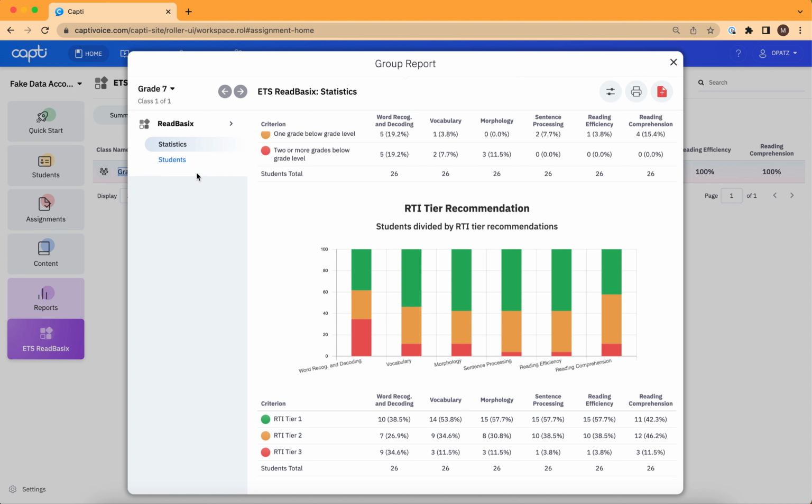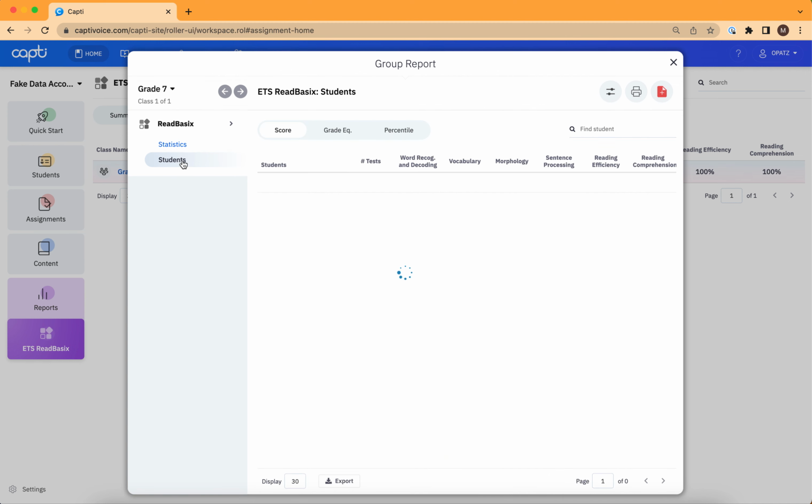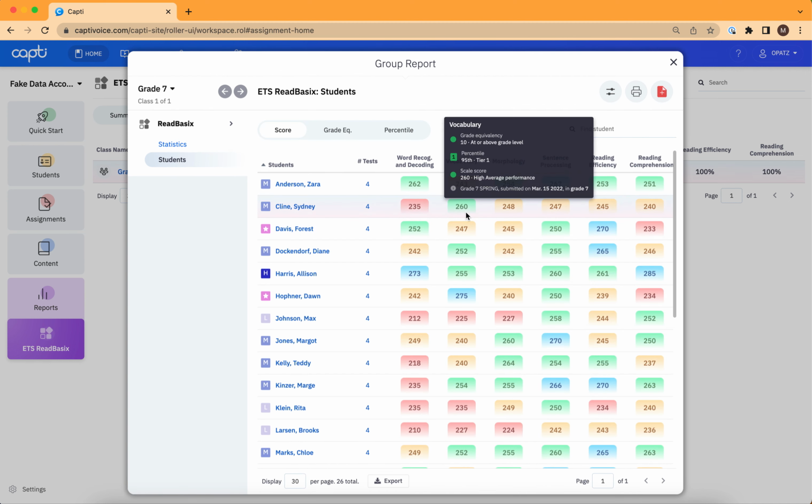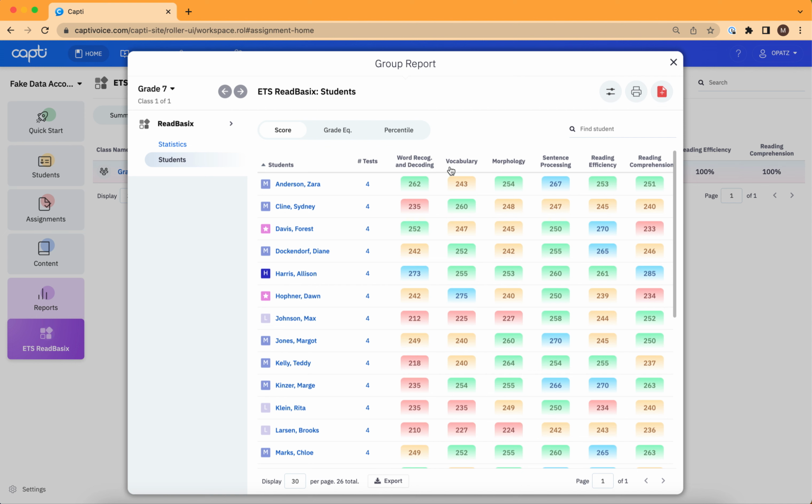So that's the most global picture. So I'm starting to see that students are definitely needing support in word recognition and decoding, and potentially vocabulary as well. So now I'm going to go into students, and I can see the picture of each student's subtest.